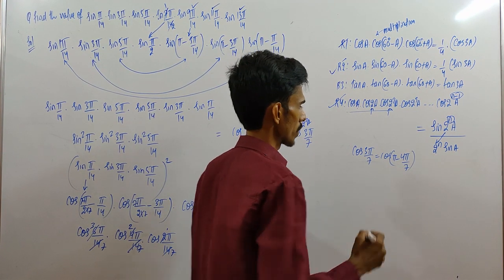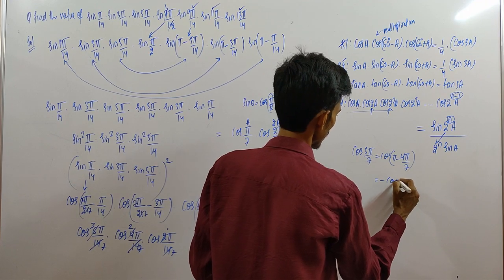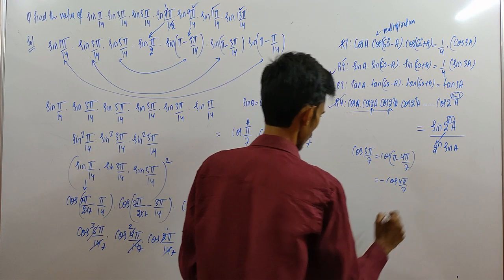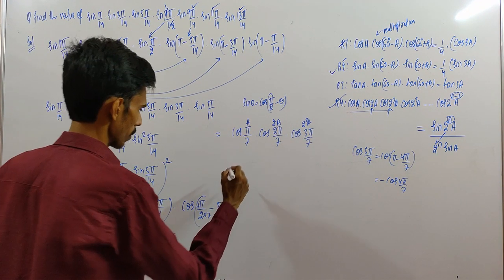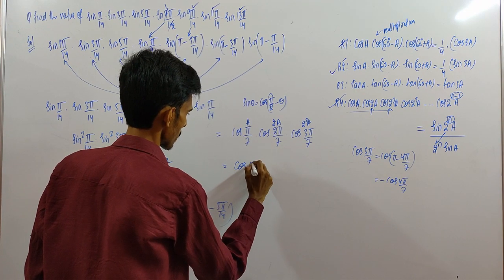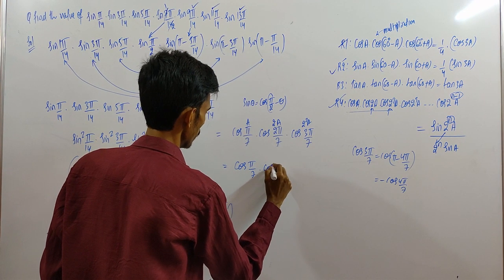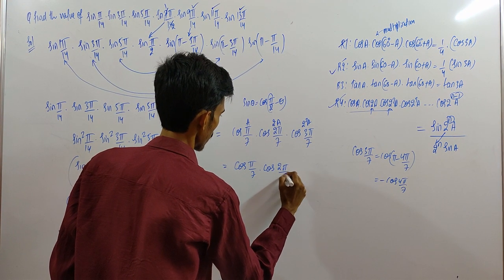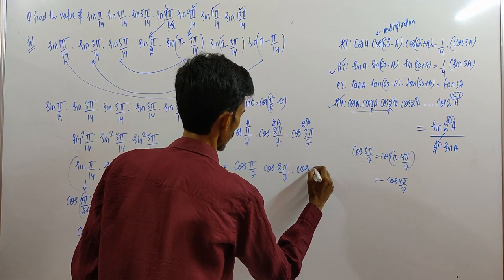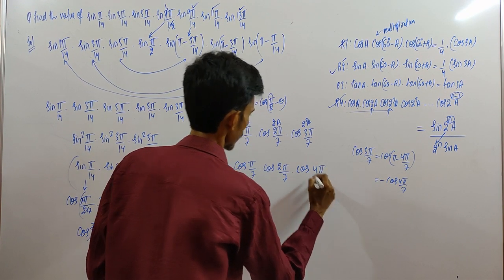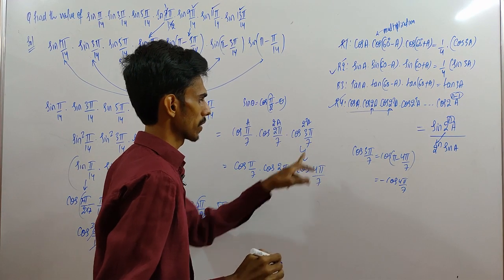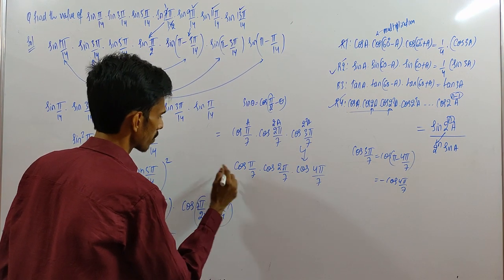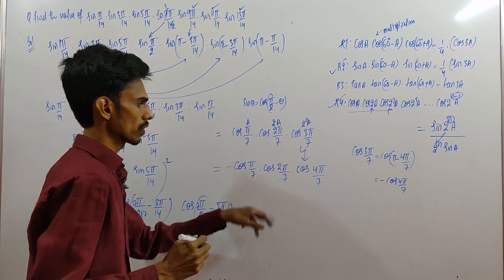So 7 minus 4 is 3. So cos 180 minus theta is minus cos 4 pi by 7. So cos 3 pi by 7 is minus of this. So put this minus sign here.